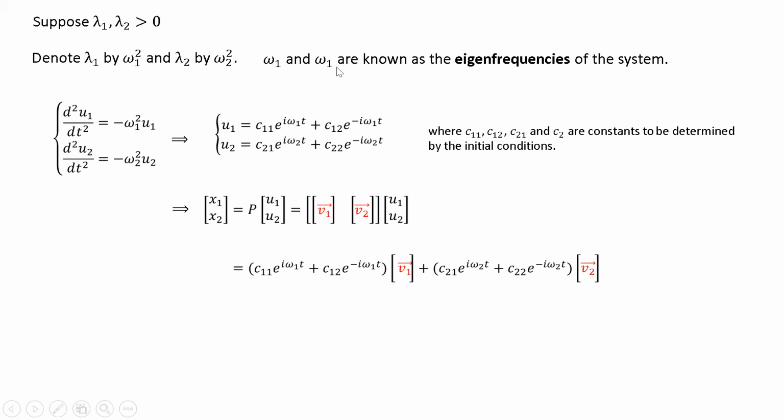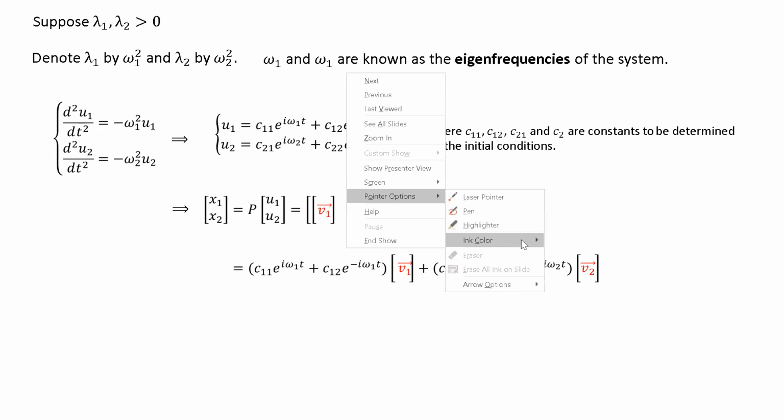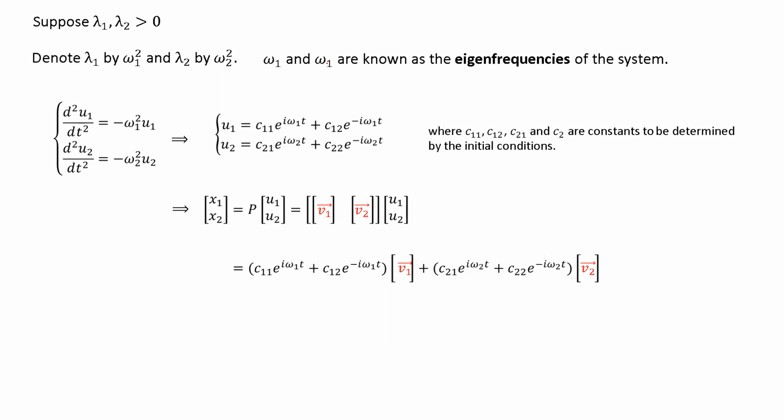Okay, and as I will explain later, this omega1 and omega2 are called the eigenfrequencies of the system. Okay. So these are something that we know how to solve, right?